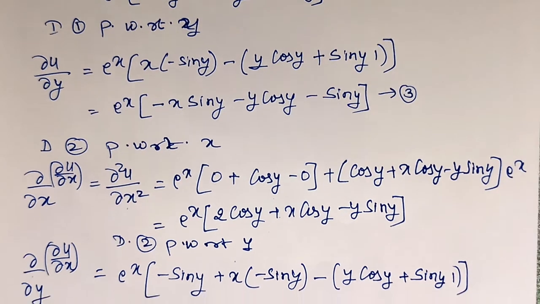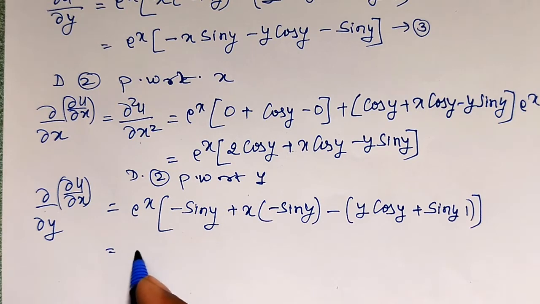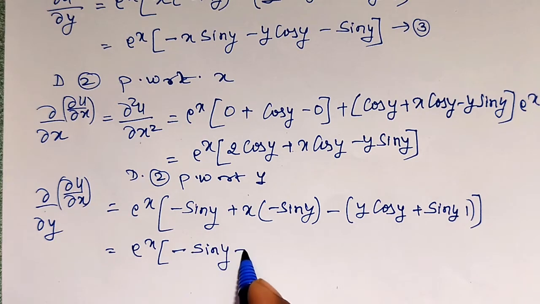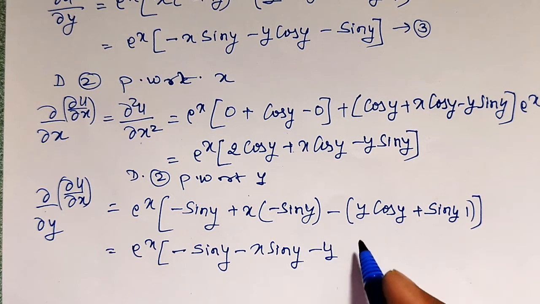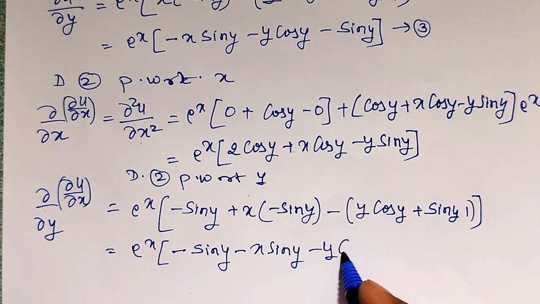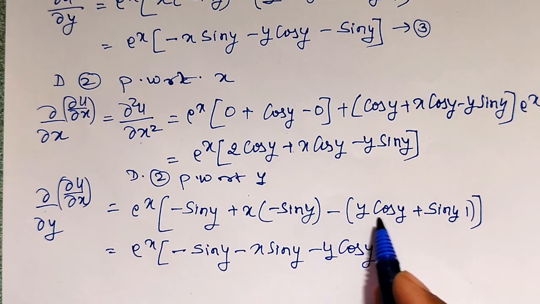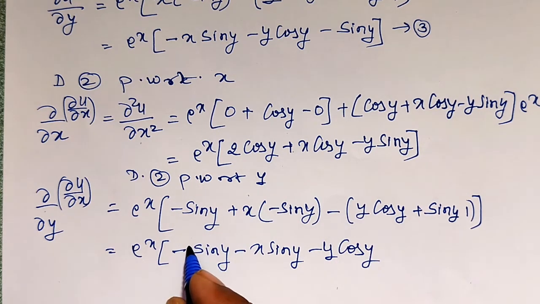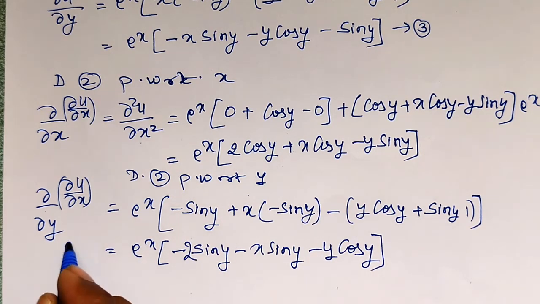Or you can simplify this and write it as e raised to x into minus sin y minus x sin y minus y cos y minus sin y, and minus sin y is already there. Therefore, I can write it as 2 times sin y.